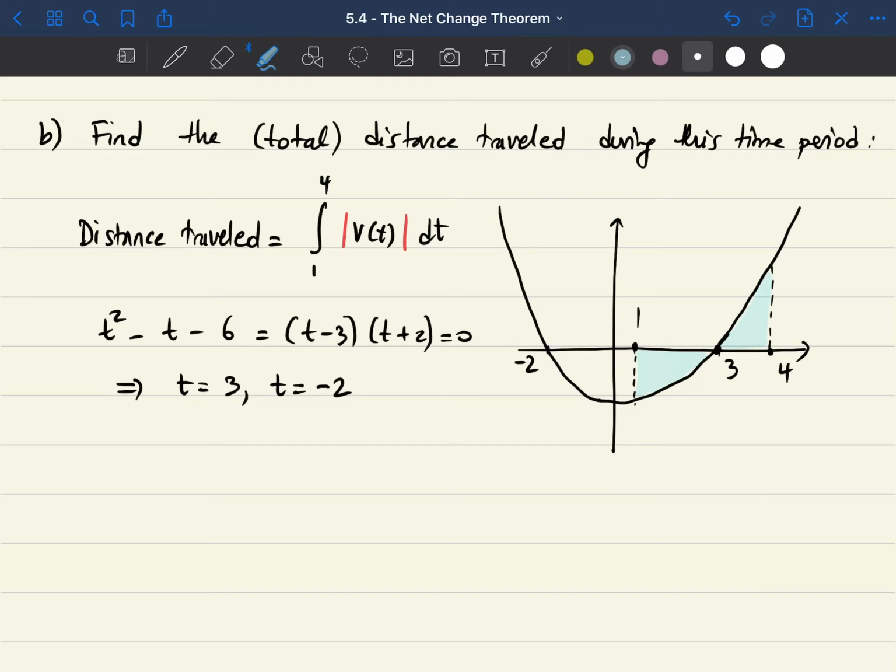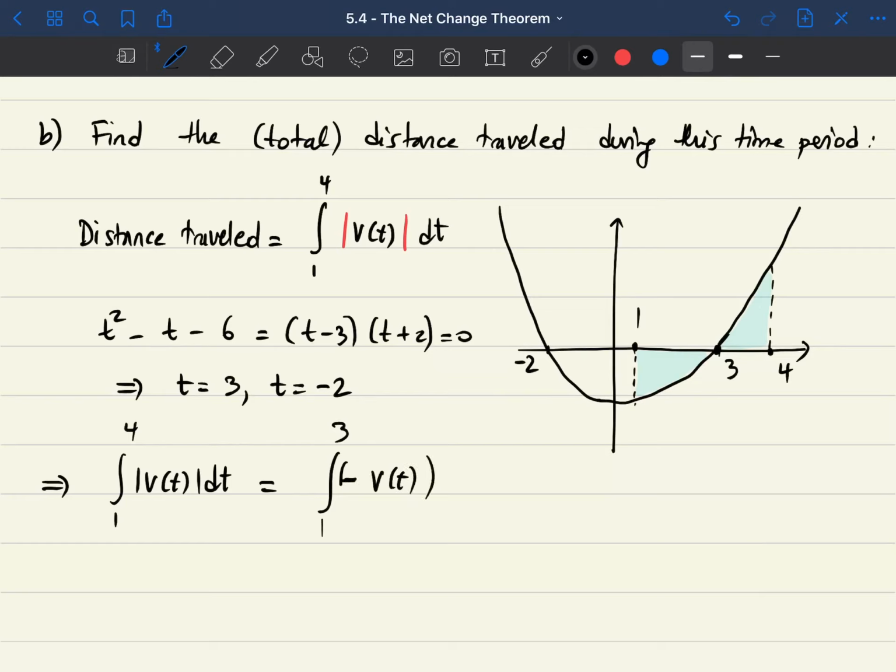So this means that our integral from 1 to 4 of the absolute value of v(t) dt should be written as first the integral from 1 to 3 of minus v(t) dt plus the integral from 3 to 4 of just v dt. And the reason for this minus here is because this area here, if you just evaluate the integral, is going to be negative. To make it positive, you multiply the function by -1.